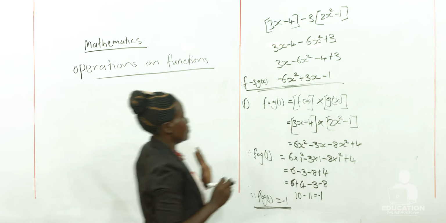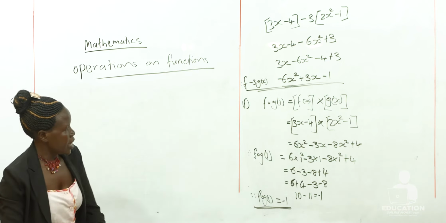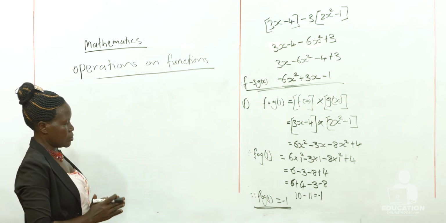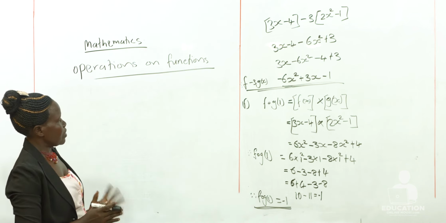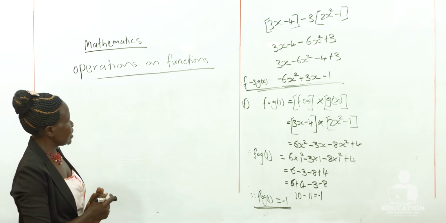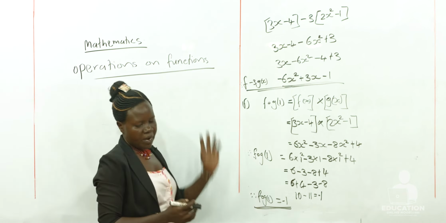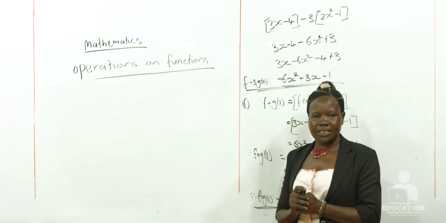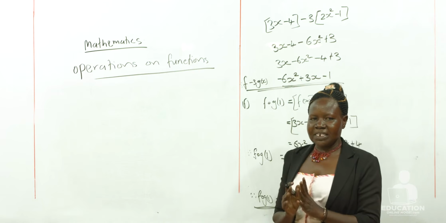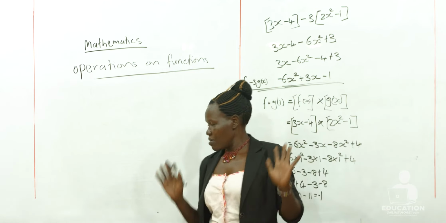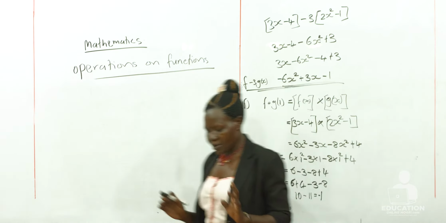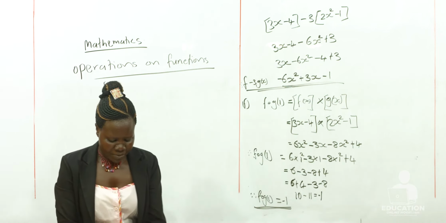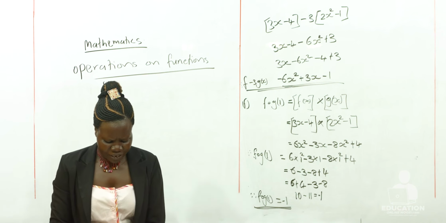Make sure that you treat each function as an independent function before you begin to work it out. And once you have taken that into consideration, the operations become very easy for you. With this, my learners, I hope you have picked something in operations of functions: addition, subtraction, multiplication, and division. With this, we have come to the end of our lesson.